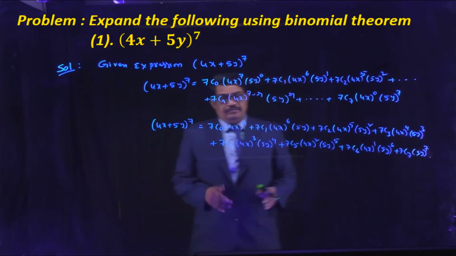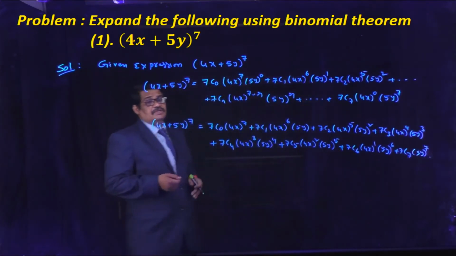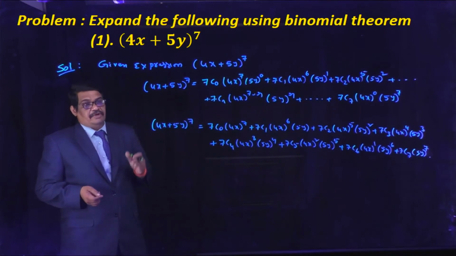So this is the expansion of the given expression, that is (4x + 5y)^7.